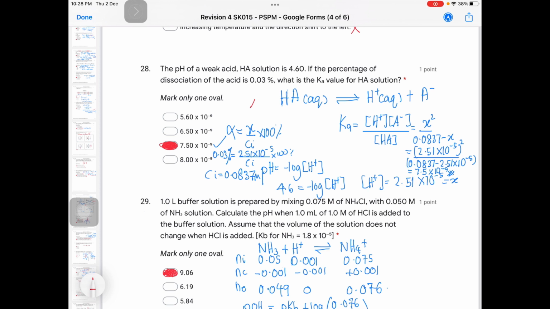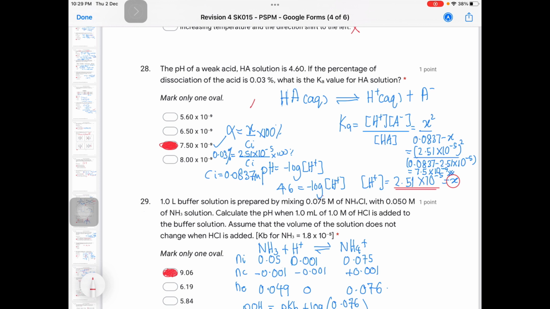Jadi 4.6 is equal to negative log concentration H+. Jadi kita dapat H+ sama dengan 2.51 × 10^-5. Ini merupakan nilai X, which is concentration H+ dan juga concentration A-. Jadi H+ dan A- X darab X.